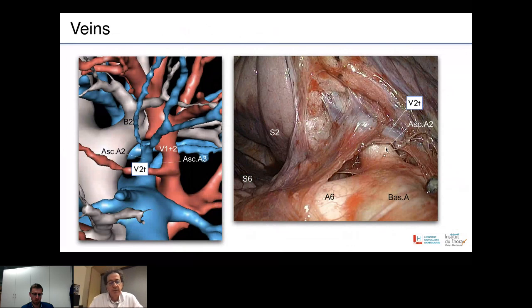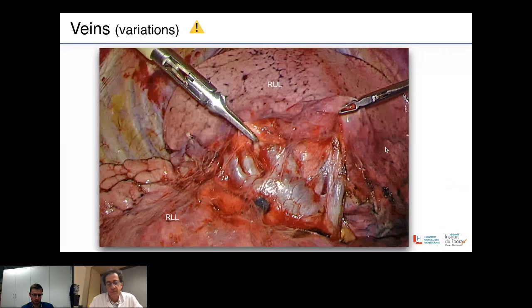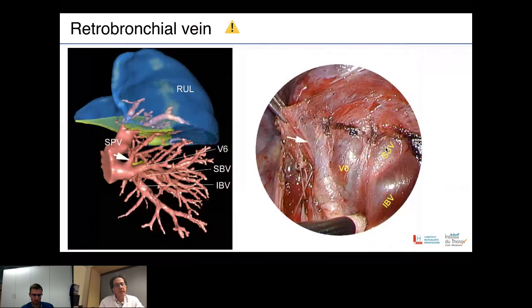Of course, take care if you have this variation with a huge vein in the fissure. You also have to know this venous variation called retrobronchial vein. It's a vein coming from segment 2 and draining into the inferior pulmonary vein, something like this. And this is another example.